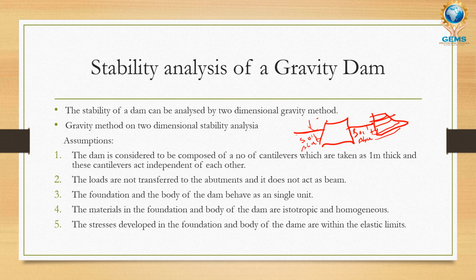You know that the foundation of the dam is entirely different from the body of the dam, but in this case you just imagine the foundation and the body of the dam behave as a single unit according to this assumption. Okay, this is just an assumption. Fourth, the materials in the foundation and body of the dam are isotropic and homogeneous, which means that one material is not dependent on another.